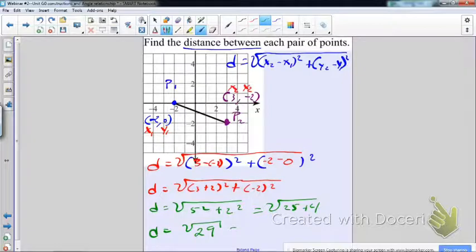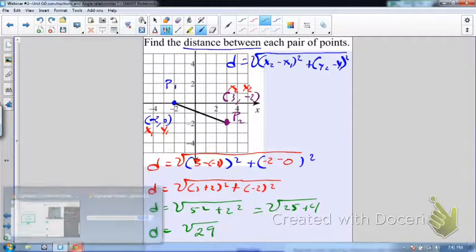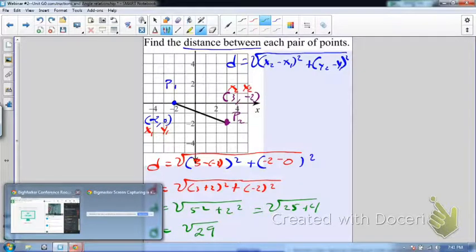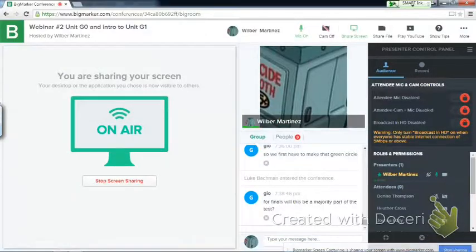Now, we're going to leave it like that because I believe that the final will have it in radical form. We know that 29 is a prime number, so we really don't have to simplify any further. However, sometimes you might need to simplify, so make sure that you're aware of that, okay? So any questions with this question that we just did?